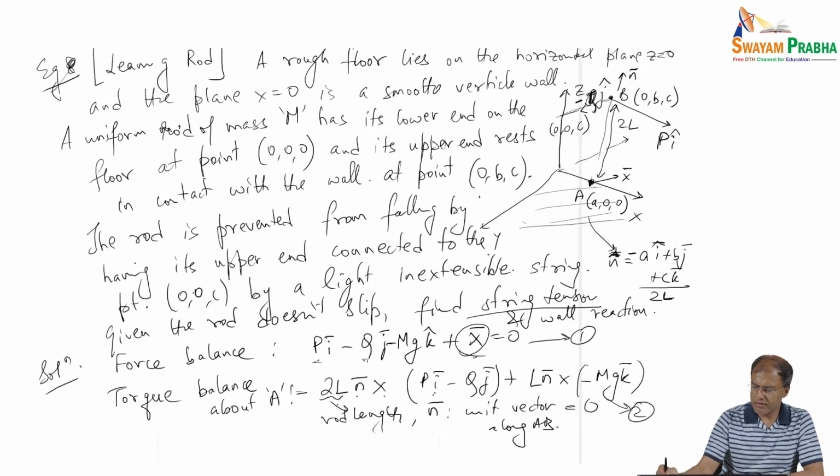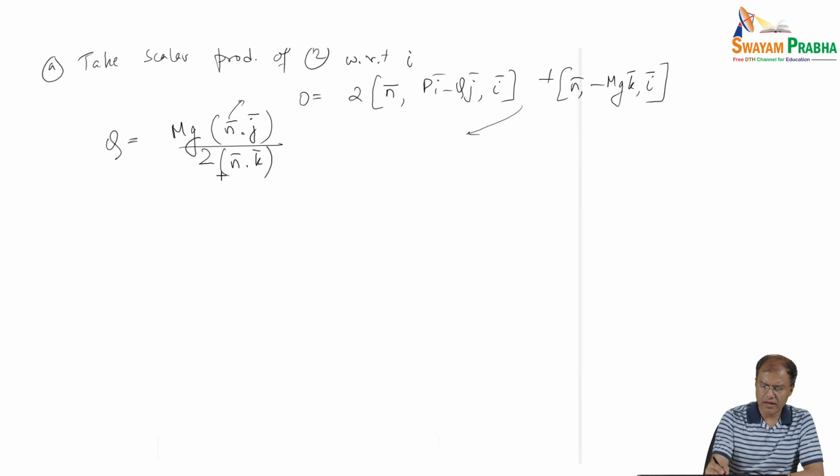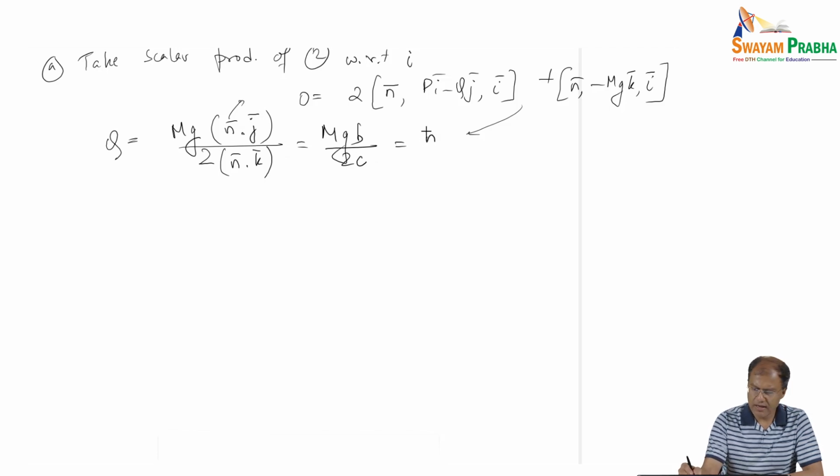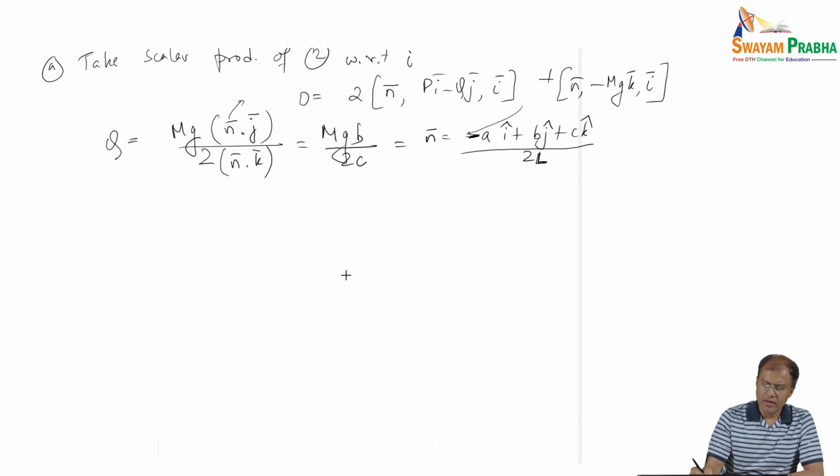So we plug this expression for n into q, and plugging in n dot j, we see that this is mgb by 2c, with n being minus ai plus bj plus ck by 2l.